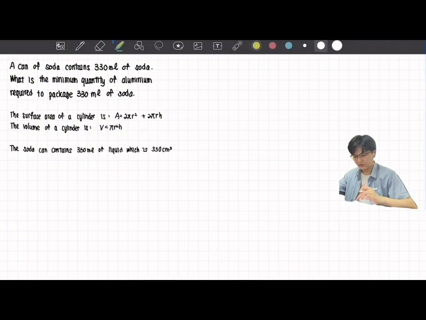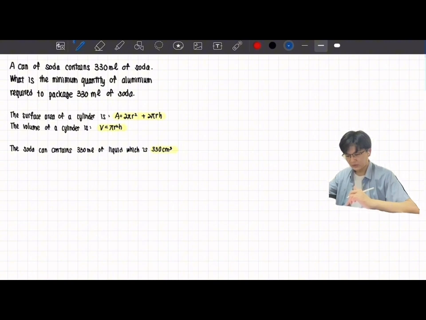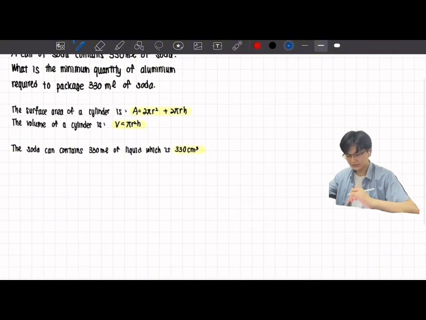So before we start doing the question, we need to highlight the important information. Like the surface area of a cylinder is A equal to 2 pi r squared plus 2 pi r h, and the volume of a cylinder is V equal to pi r squared h. So the soda can contains 330 ml of liquid, which is the volume of a cylinder, 330 cm3. So first we need to substitute V equal to 330 cm3 into the volume of a cylinder equation.